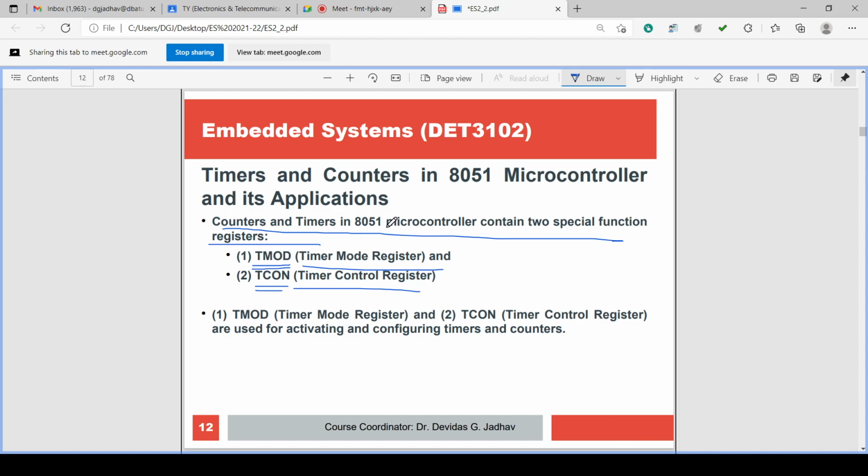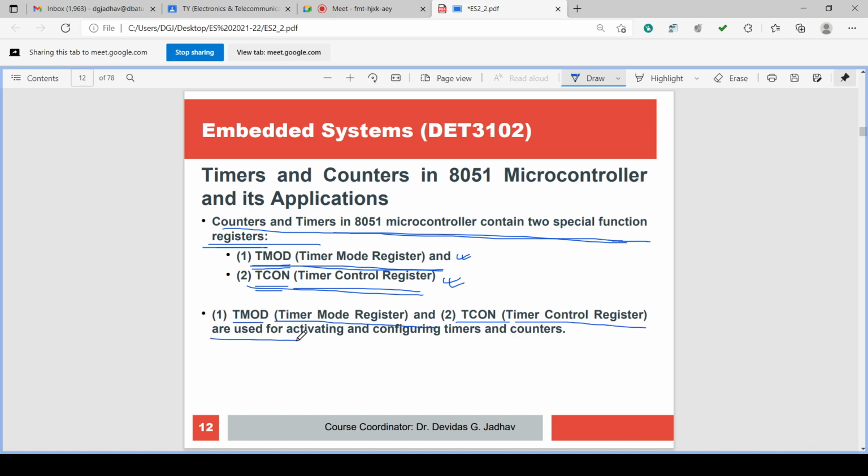The counter and timer in the 8051 microcontroller contain two special function registers. One is TMOD, the timer mode register. Second is TCON, the timer control register.